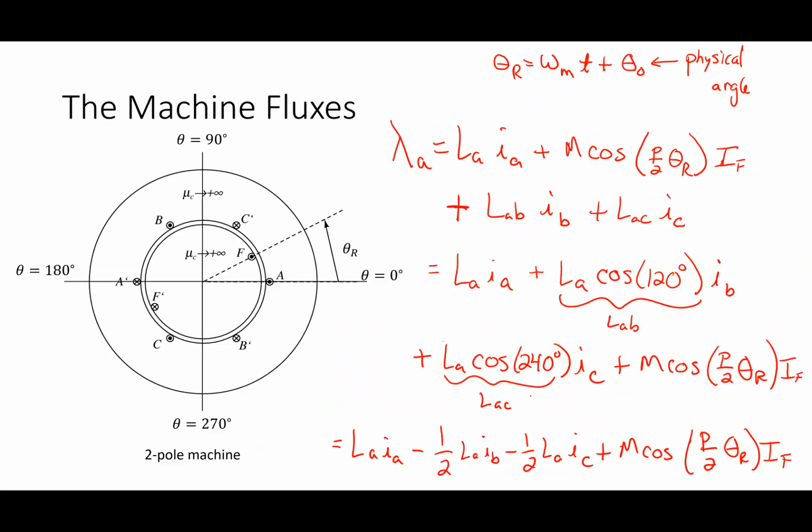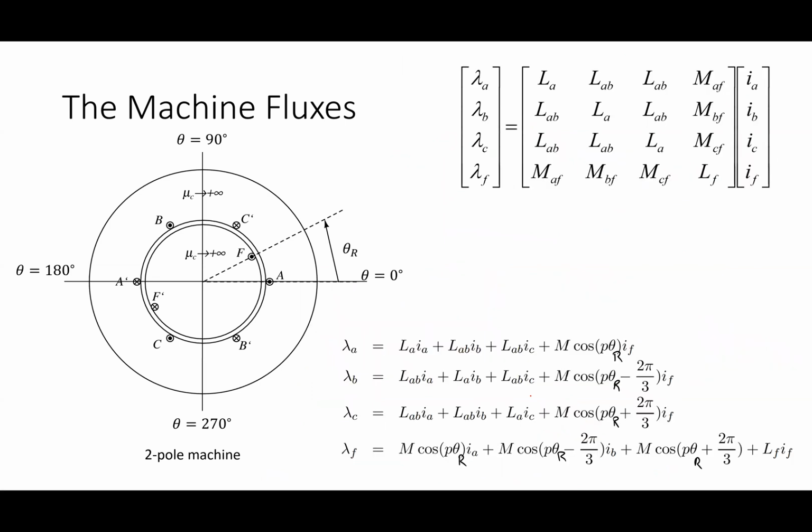So at the end of this whole process, what I end up with is this. I can write this out as a matrix relationship if I wanted to, or I can expand it out like I did here. So lambda A is those 4 things, and I have that LA equals LB equals LC. Those things are all the same. And LAB equals LAC equals LBC equals LCA.